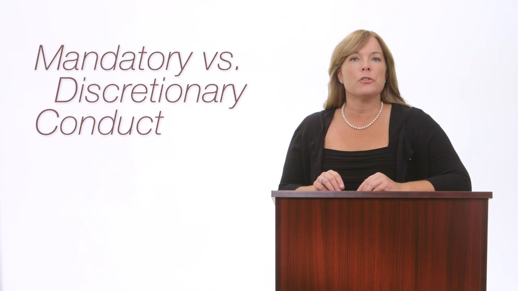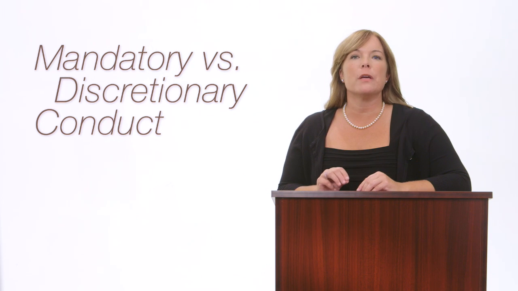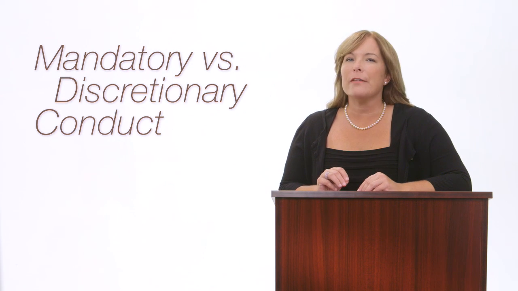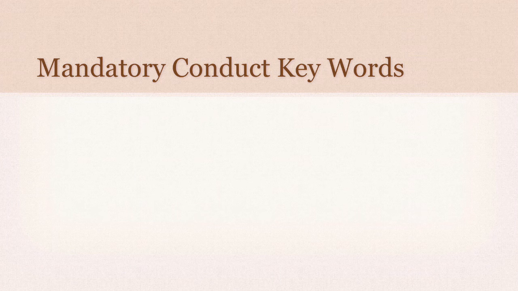I want to talk about the difference between mandatory versus discretionary conduct. These 2 concepts are very important in the MPRE. Mandatory discipline means that a rule was willfully violated, or there's a pattern of violation and the attorney is absolutely subject to discipline.